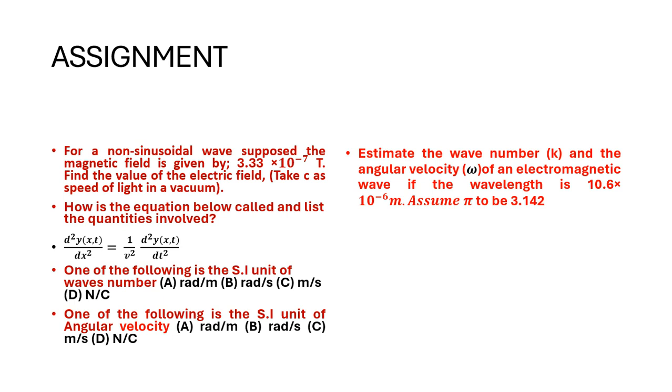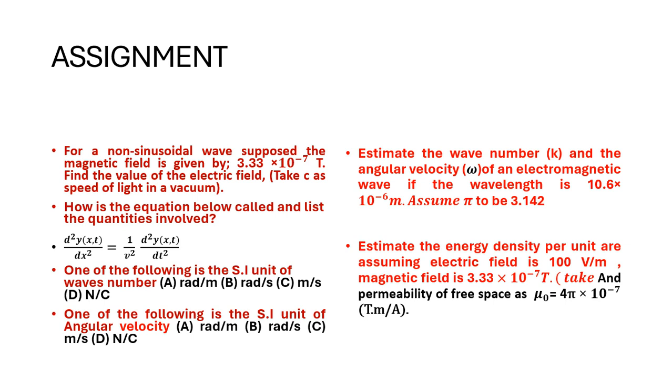Estimate the wave number k and the angular velocity omega of an electromagnetic wave if the wavelength is 10.6 times 10 to the power minus 6, assuming pi to be 3.142. Okay. This one says, estimate the energy density per unit area.